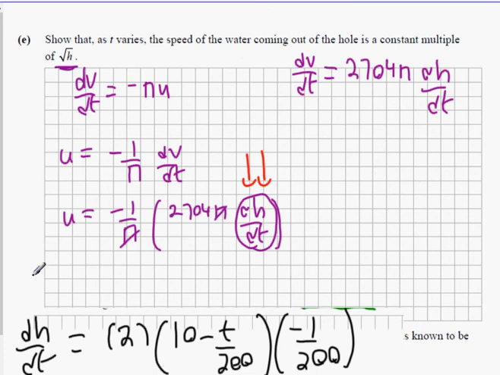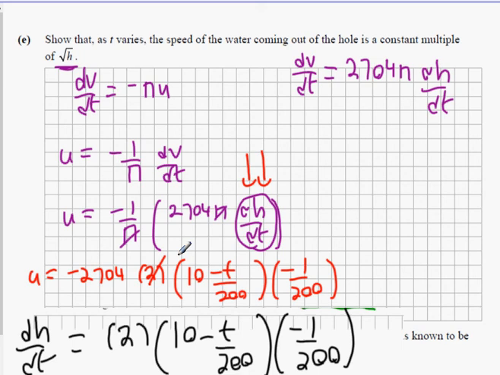It's going to be u equals minus 2,704 multiplied by 2 multiplied by 10 minus t over 200 multiplied by minus 1 over 200. The 2 cancels with the 200 to come to 100. Divide minus 2,704 by 100, and you're going to get dH/dt is 27.04 multiplied by 10 minus t over 200. Okay, that's your answer right there, okay?